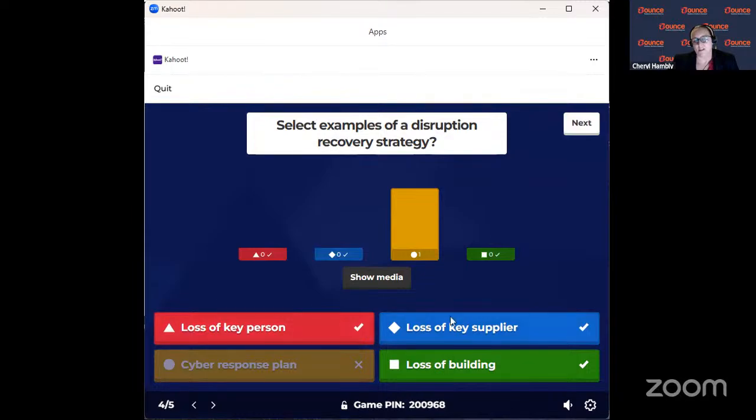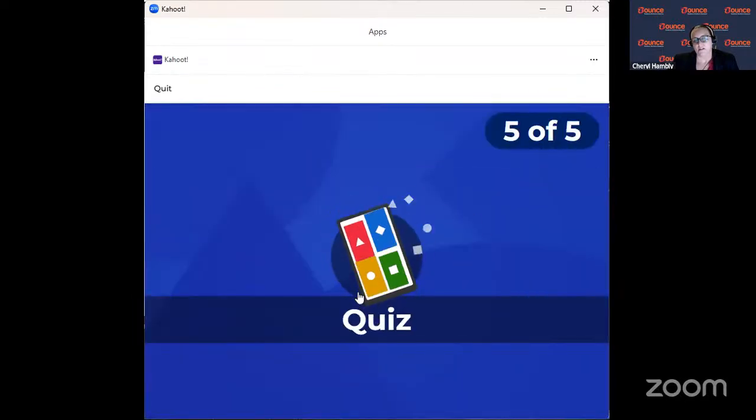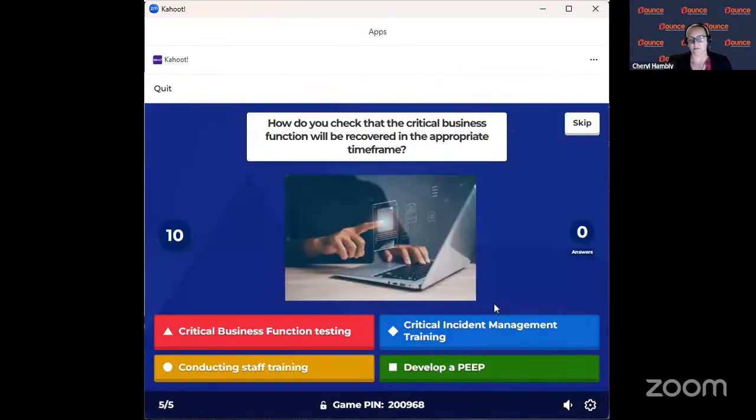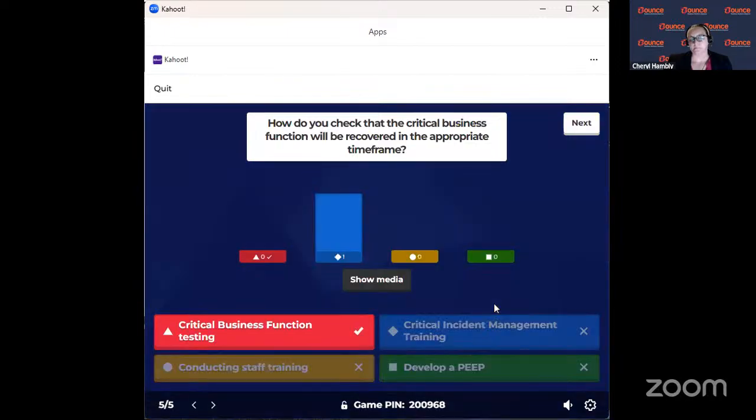All right, so loss of key person, loss of key supplier, loss of building, absolutely. And how do you check that the critical business function testing will be recovered in the appropriate time frame? And that was through the critical business function testing.